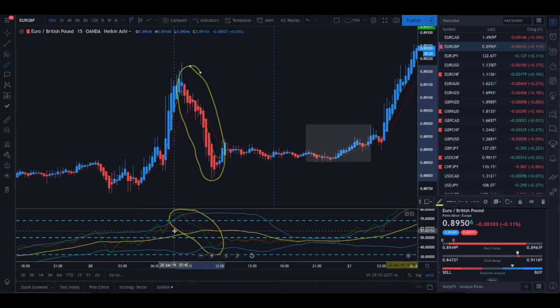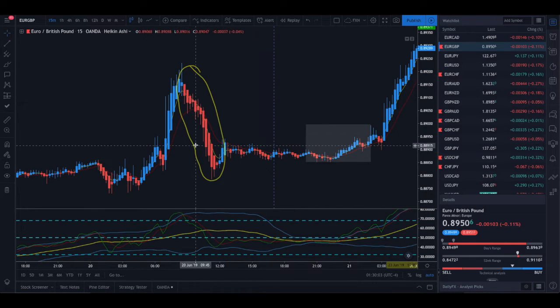Are they all going to be like this? Hell no, they're not. But that would be a perfect example of how you can use it to confirm.